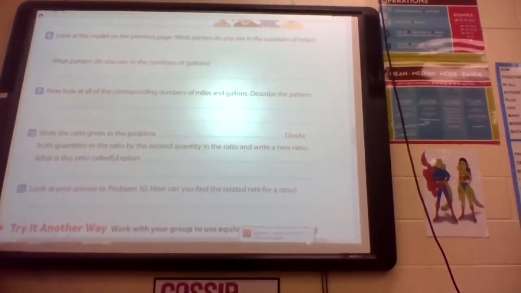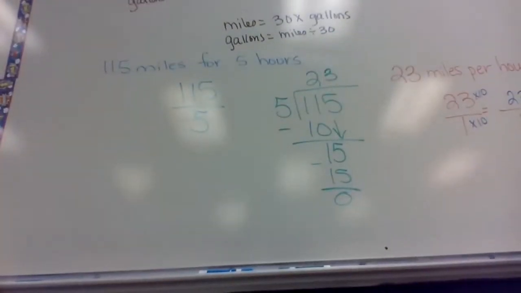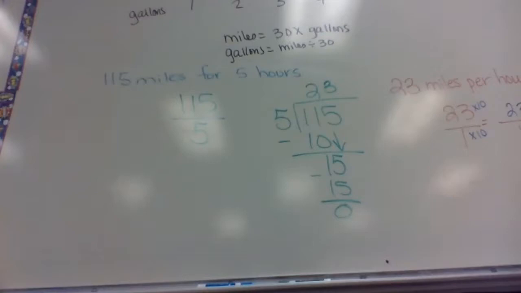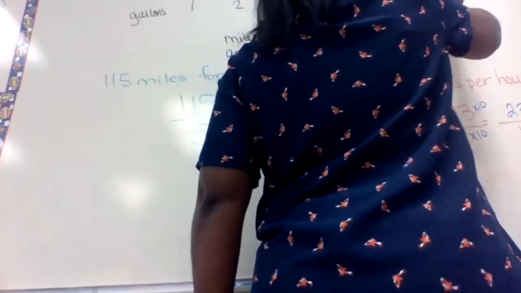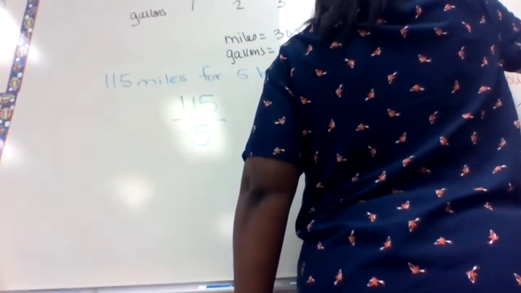Number 11, how can you find the related rate for a ratio? If we have 300 to 10, that's 30 to 1.